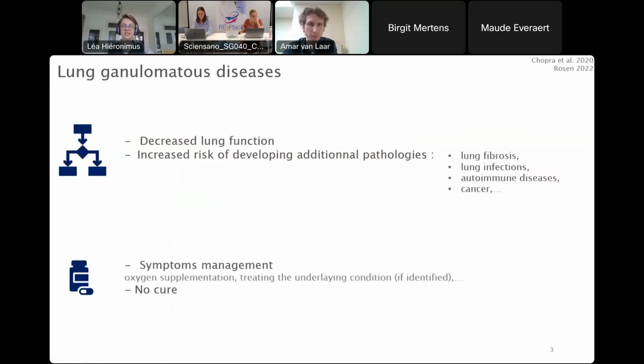The consequence of this pathology is decreased lung function, as these granuloma take some room and decrease the surface available for gas exchanges. Granuloma also increase the risk of developing additional pathologies, such as lung fibrosis, lung infections, autoimmune diseases, and cancer. And actually, I think it is up to 20% of idiopathic pulmonary fibrosis patients who have been exposed to inhaled inorganic particles.